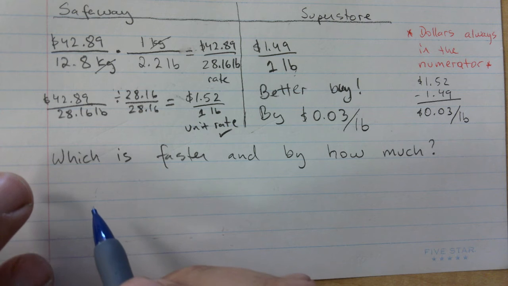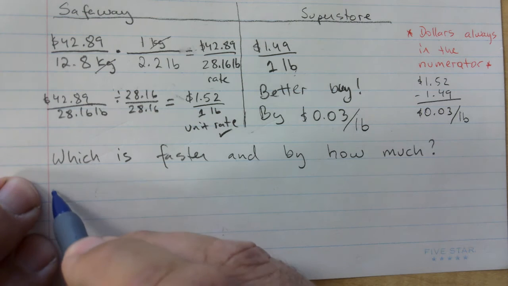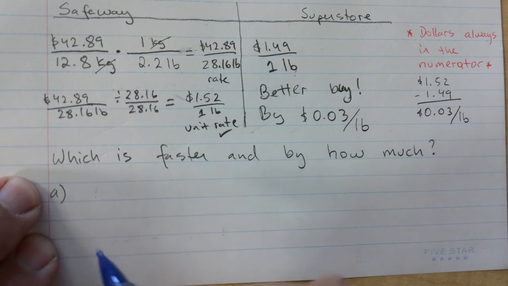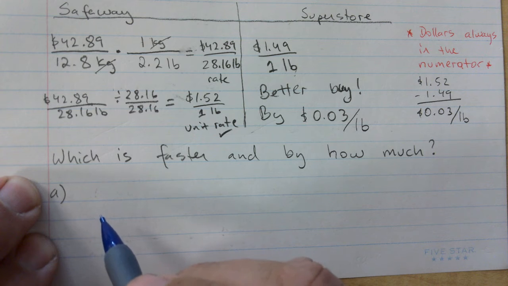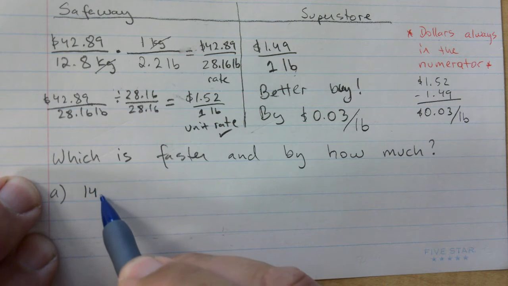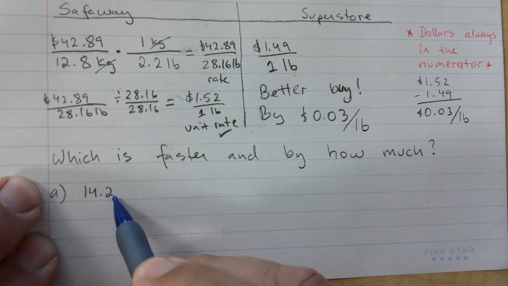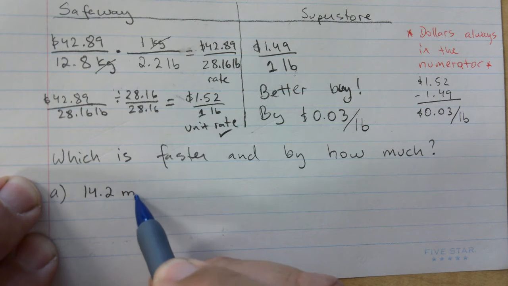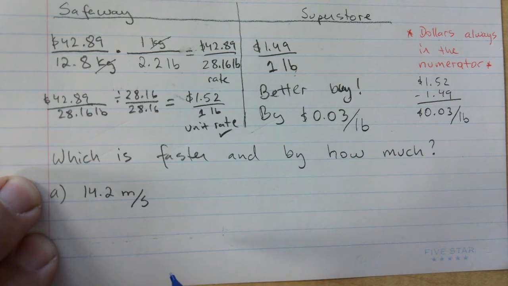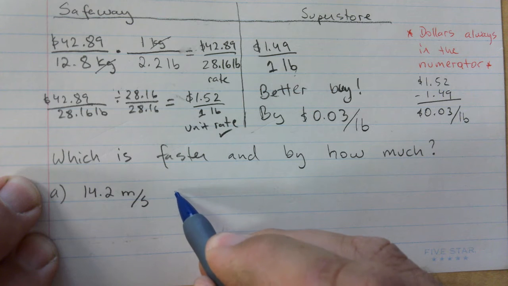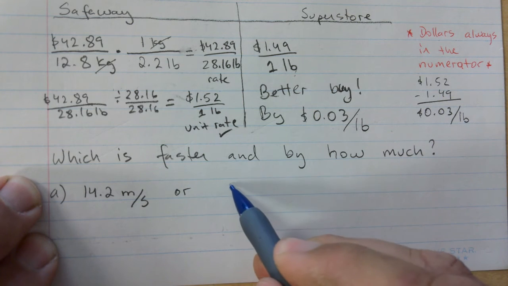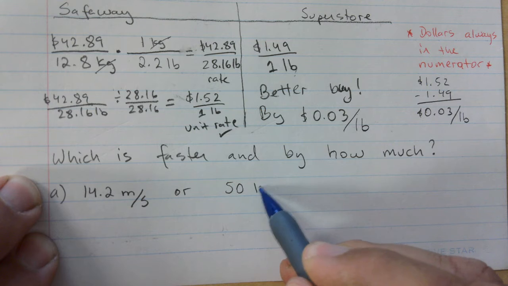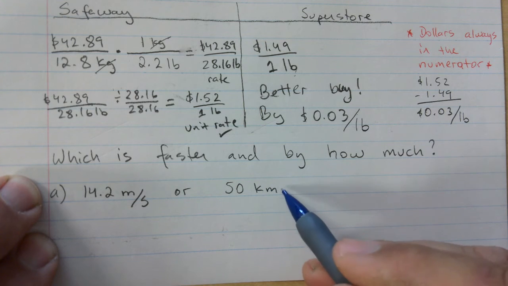Okay, so let's just start with the first one here. We have 14.2 meters per second, or 50 kilometers per hour.